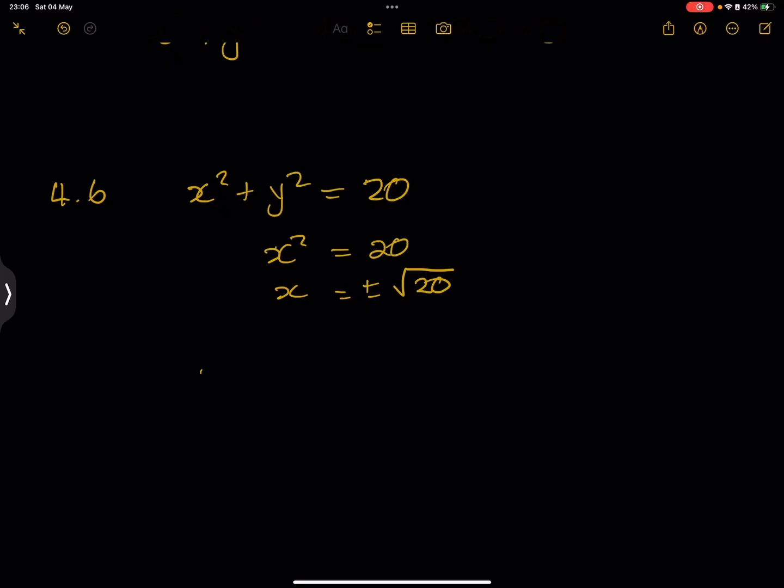So this is x minus 20, all squared, plus y squared, and this was equal to 180. So we make y equal to 0.